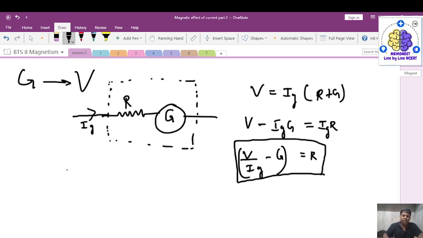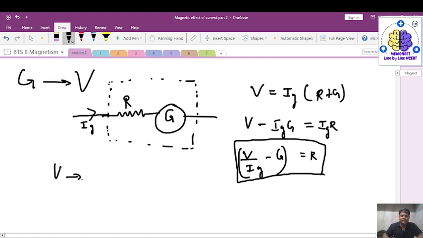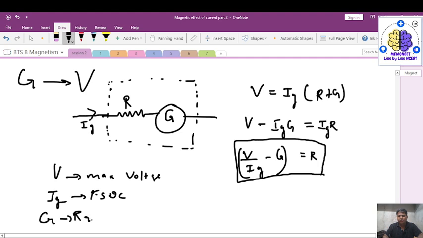So now what are these values? V is the maximum voltage which we need to measure with the help of the galvanometer. Ig is again the full scale deflection current, and capital G is again the resistance of the galvanometer. What I mean by the maximum value of voltage or current in a meter: suppose we want a voltmeter to measure from 0 volts to 15 volts.